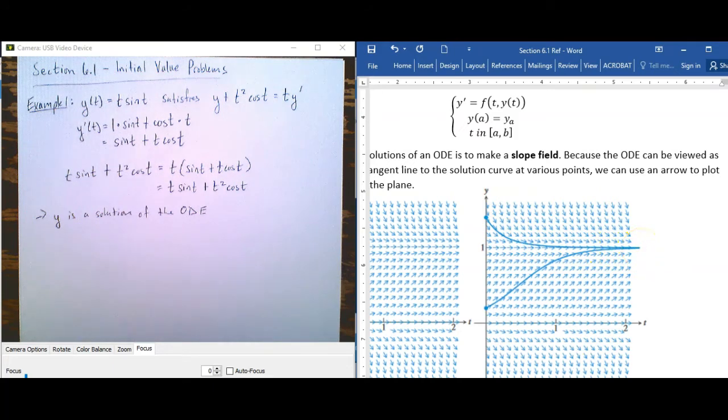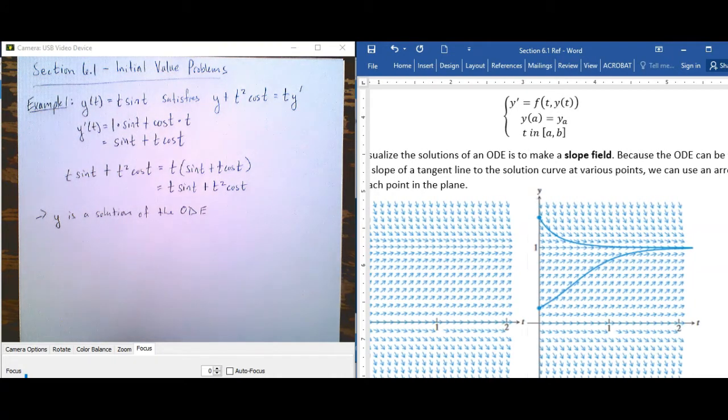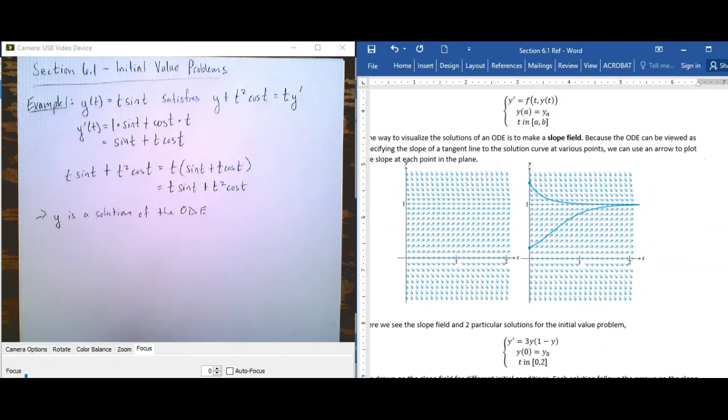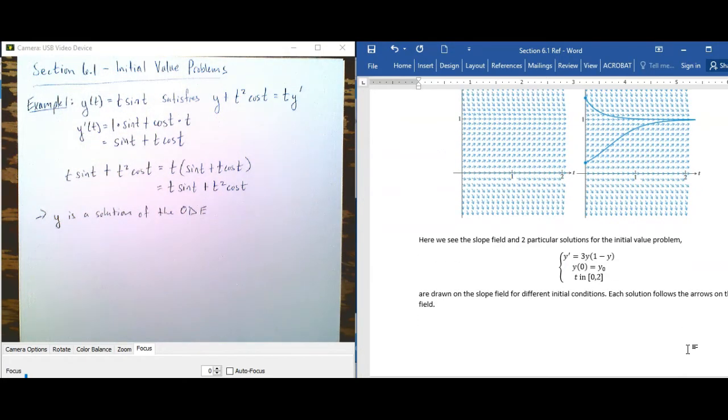So depending on that initial condition, it gives us a different solution for our initial value problem. In fact, here we see the solutions to the initial value problem for this differential equation with various y naughts.